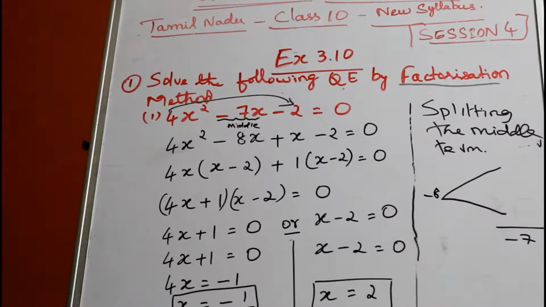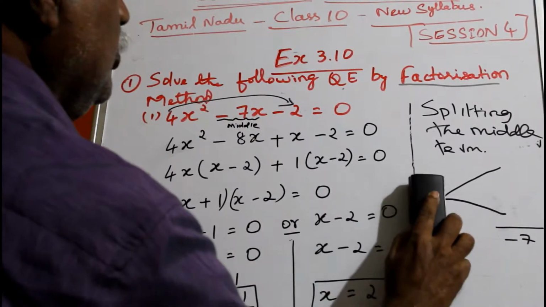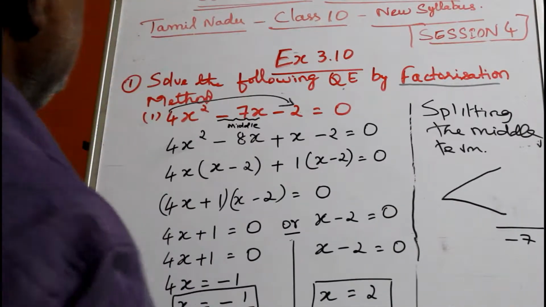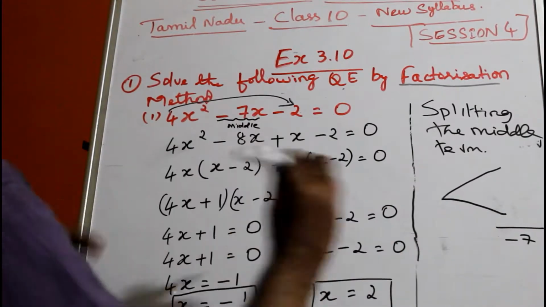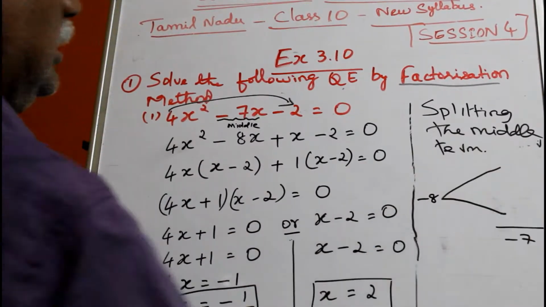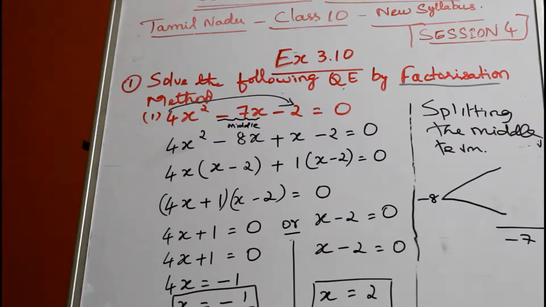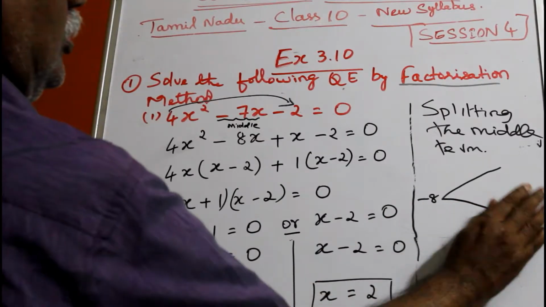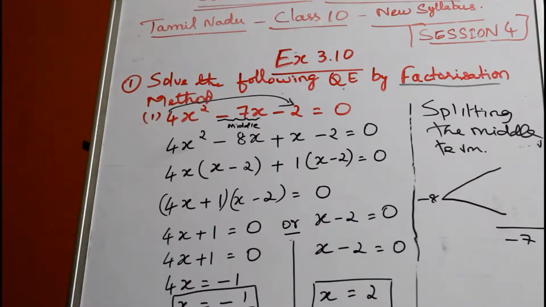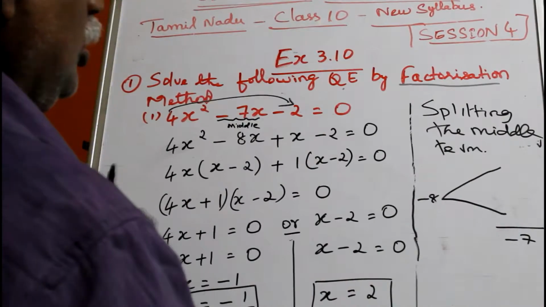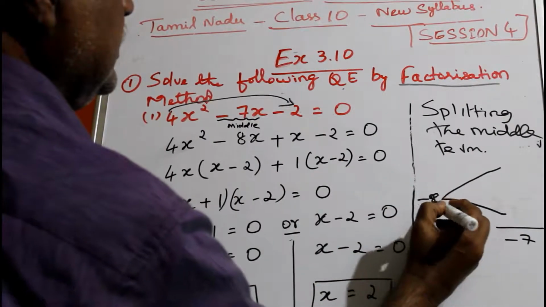So again I repeat. You put the middle term, minus 7, here, and you put minus 8 here. Now take this minus 8. Don't see the signs, take the 8. What two numbers will give you 8?